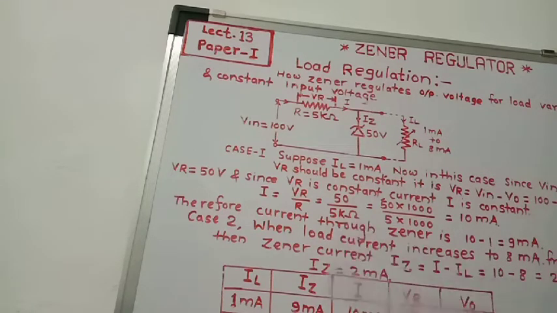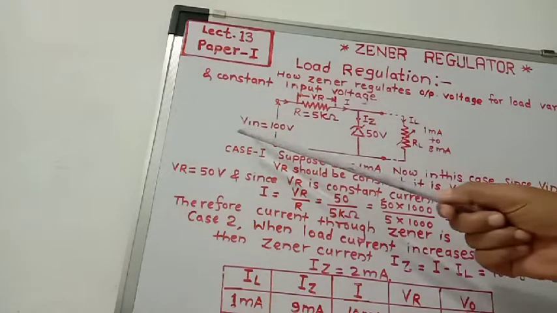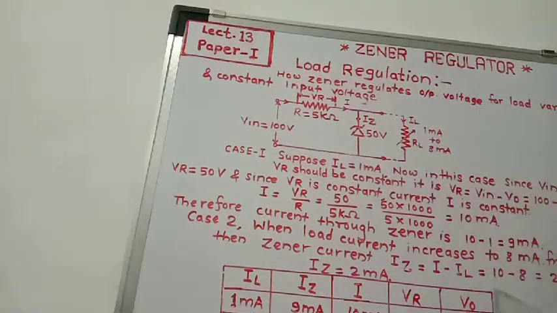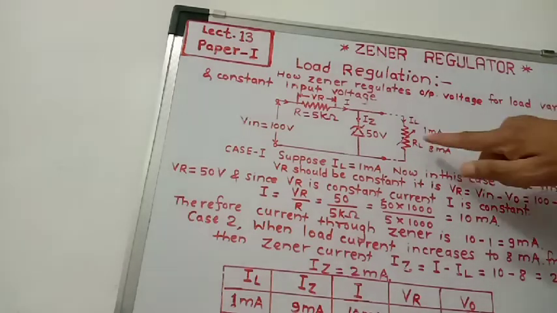Here we tabulate these readings. Initially we set the load current at 1 milliampere, then we get IZ of 9 milliampere, since I is 10 milliampere and 10 minus 1 is 9 milliampere. Since the input voltage is fixed at 100 volt, I is fixed at 10 milliampere, and we set the load current by changing the load resistance.